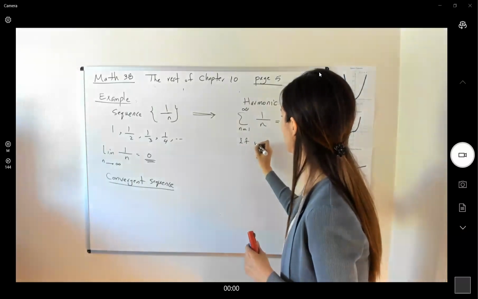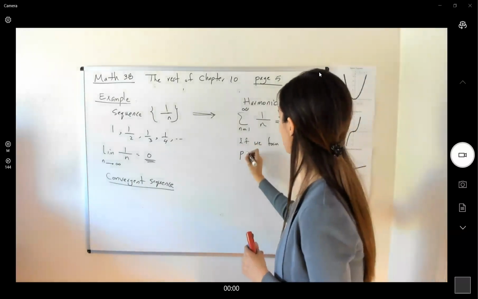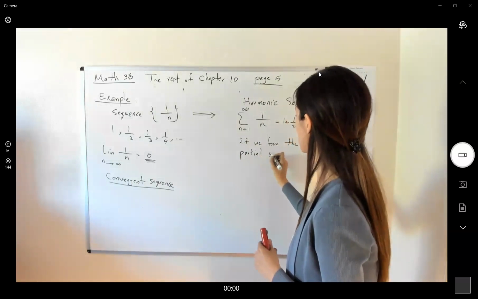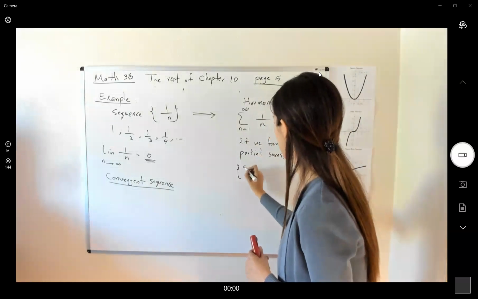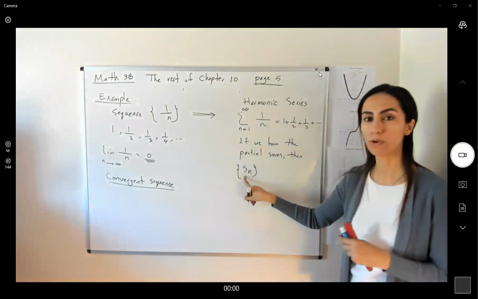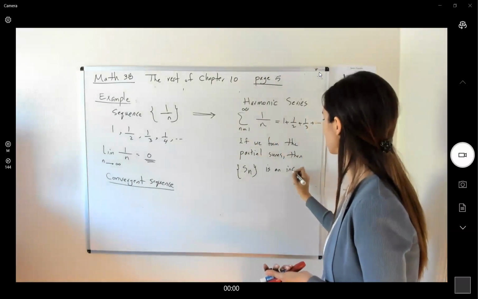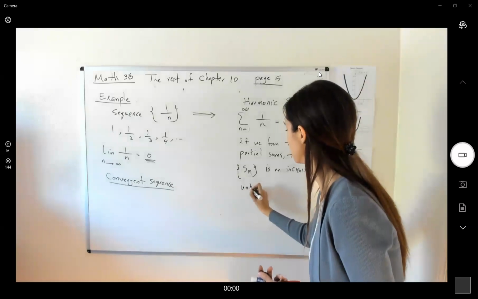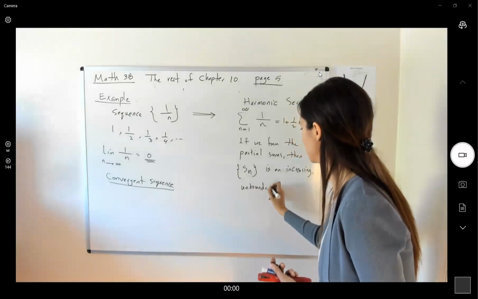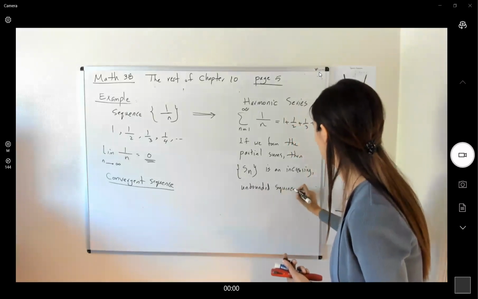If we form the partial sums, then Sn, the sequence of partial sums, is an increasing, unbounded sequence.